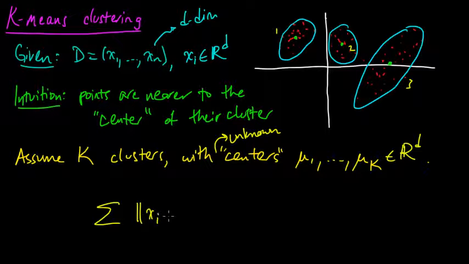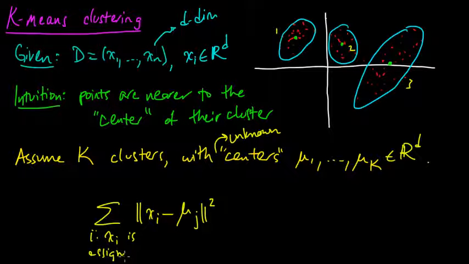The distance is just the Euclidean distance, xi minus mu j, where j would be 1. And let's take the sum of the squares of the Euclidean distance. That's what we do in k-means. We would sum this over all points i such that xi is assigned to mu j, or I might just say i is assigned to j. That's the sum of the squares of all these distances.